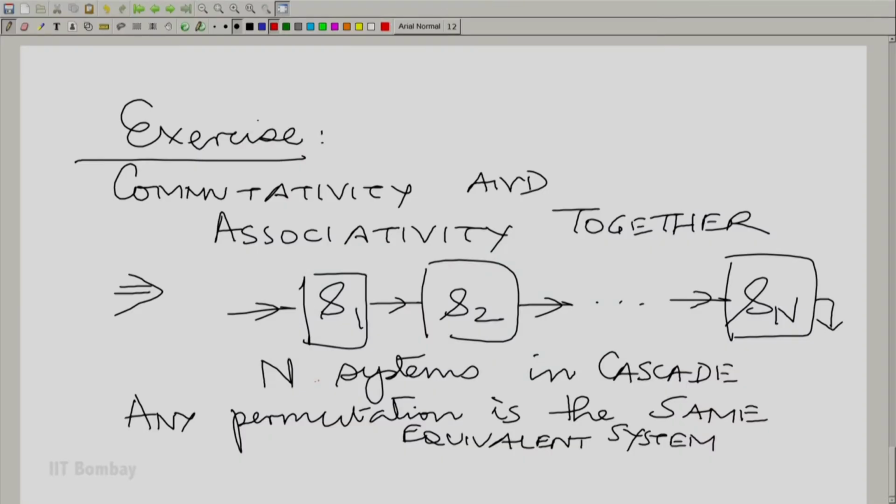Now, I must exercise a word of caution. This is true if the systems are linear and shift invariant, and in fact, let me write that down clearly. Not just any systems. These systems are all linear and shift invariant. If they are not, there is a problem. In fact, let us take an example.